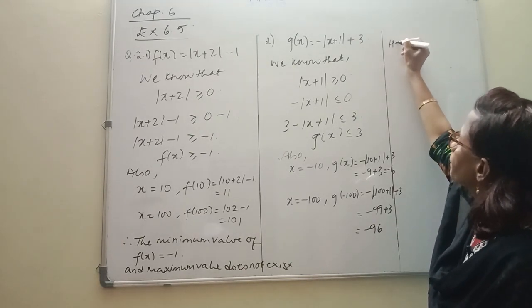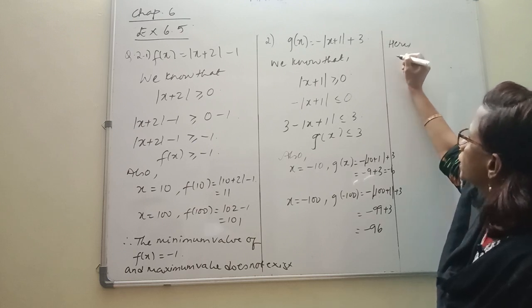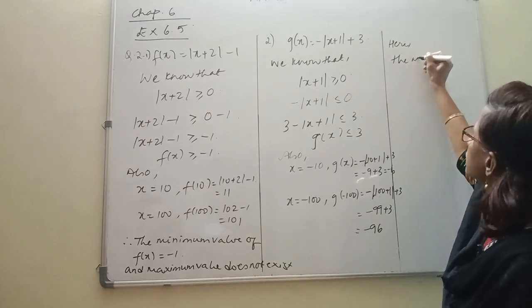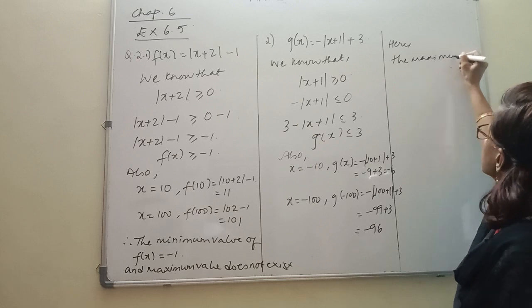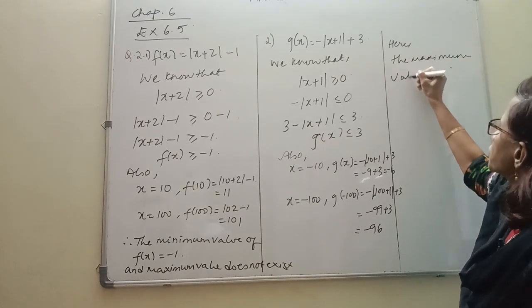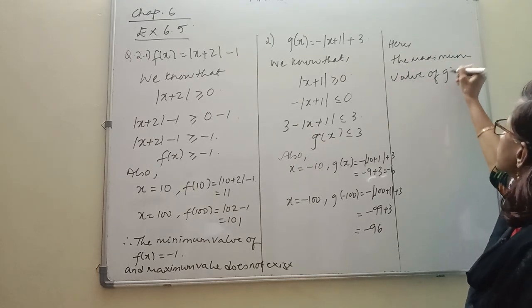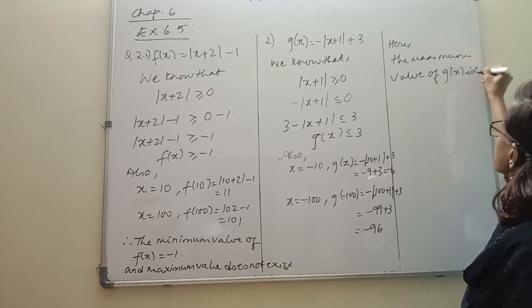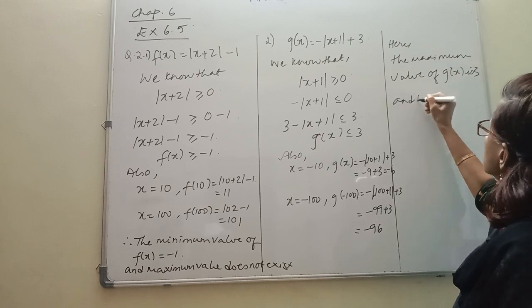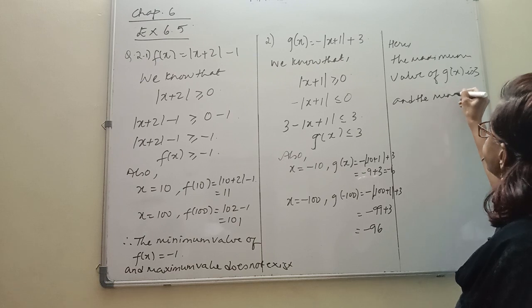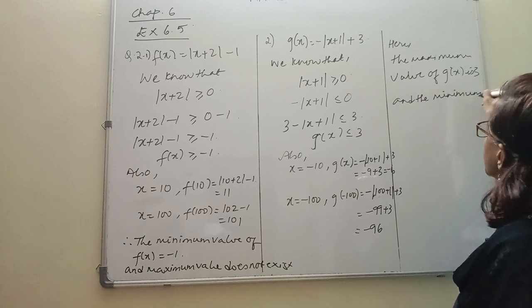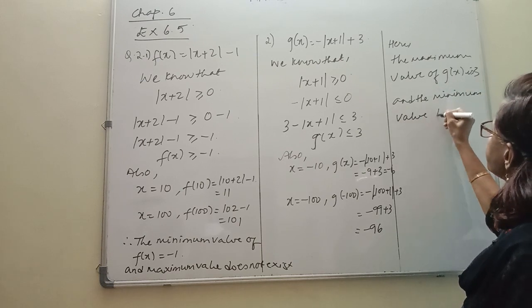So here we have the maximum. The maximum value of g of x is 3. And the minimum value does not exist.